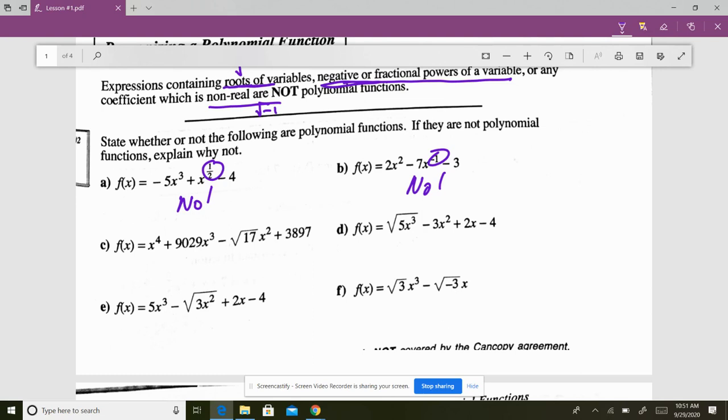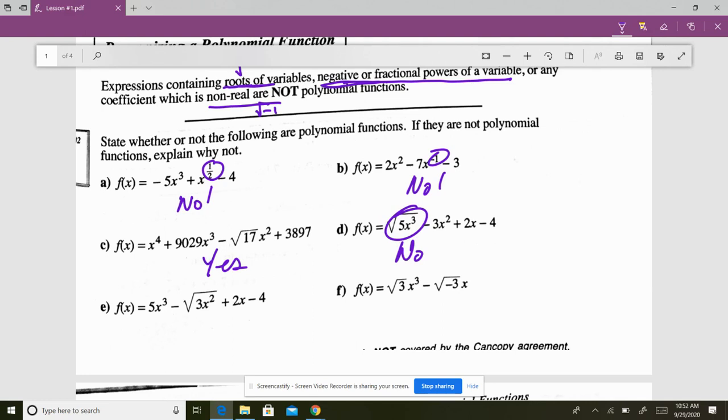Why not? Yeah, but what's the root on? 17. So that's a real number, right? You just can't have it on the variable. So this is a polynomial. What about D? No, because you have the root on the variable, which is going to give you a fractional exponent. So that messes it up. Nope.